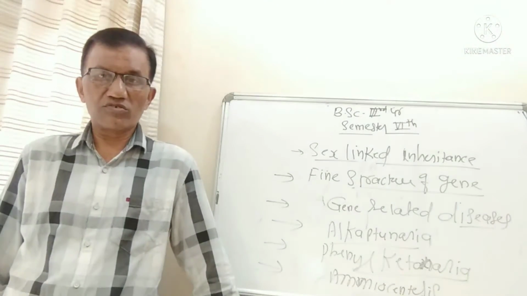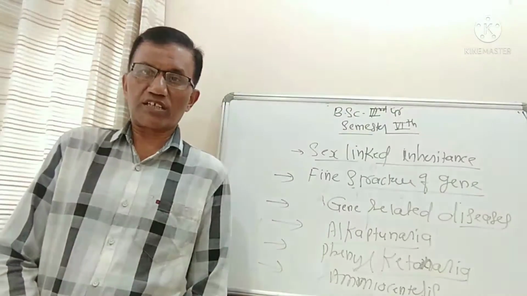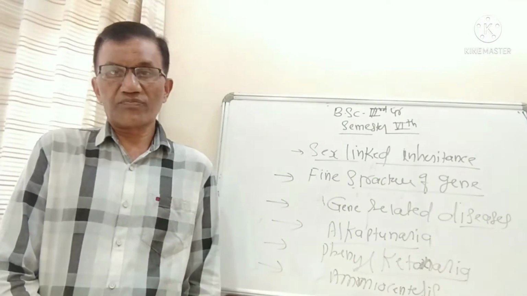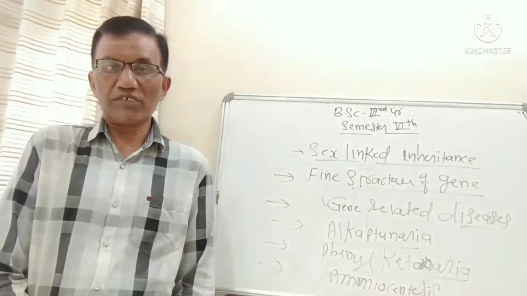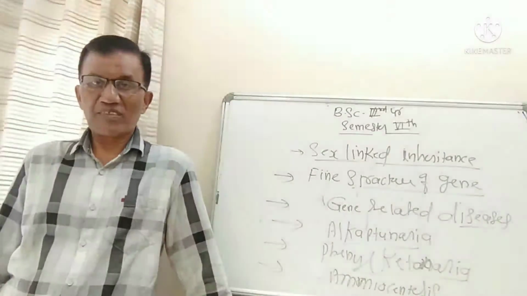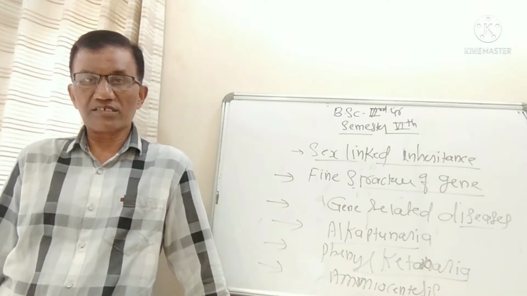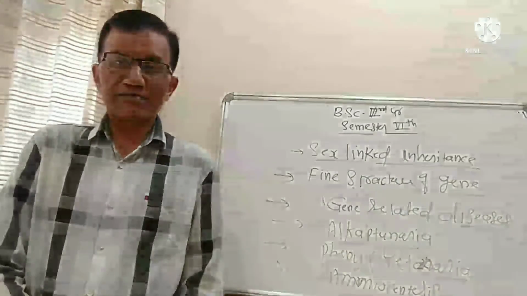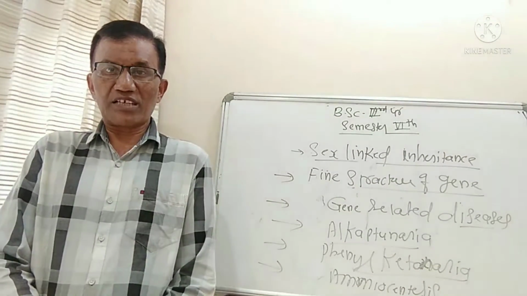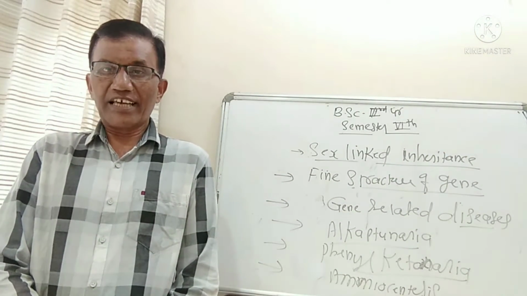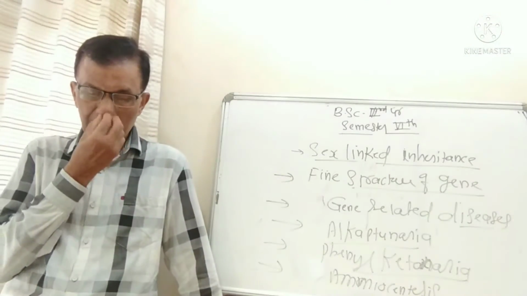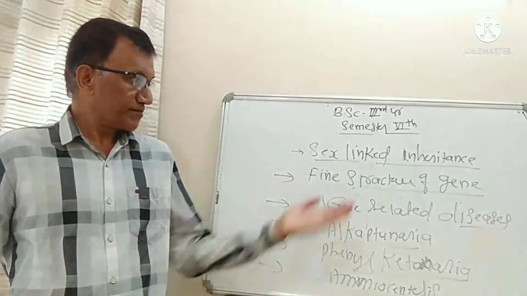There is no specific structural part of the gene, but there are certain concepts given by different geneticists, that is the classical concept of genes and the Seymour Benzer concept of genes. These two concepts explain the fine structure of genes.